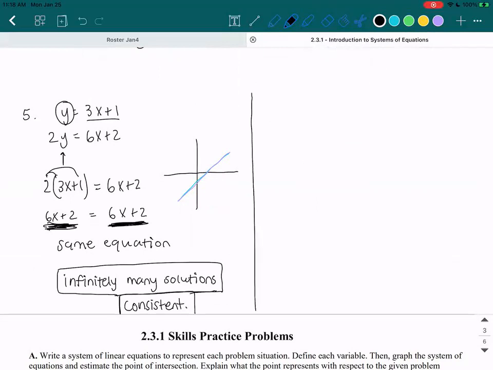Let's do another example. Let's say we have, I'm just going to use the same equation. Okay, let's take a look at what happens here. So I have y is all by itself. Actually, y is by itself in both of them.